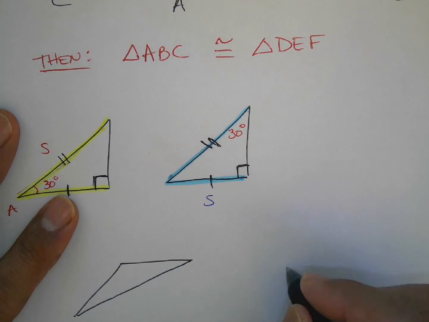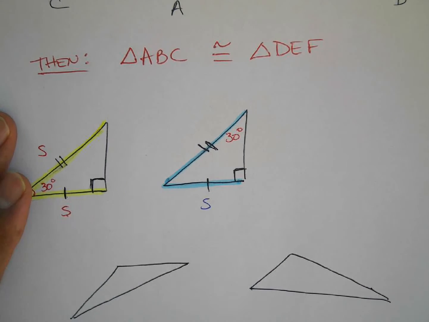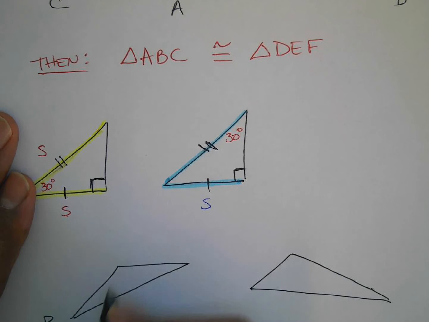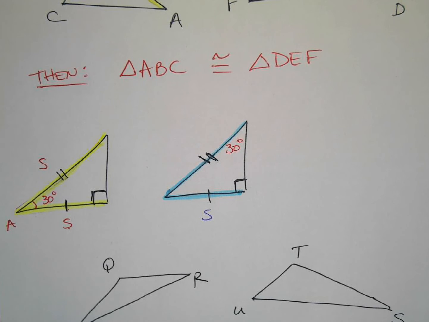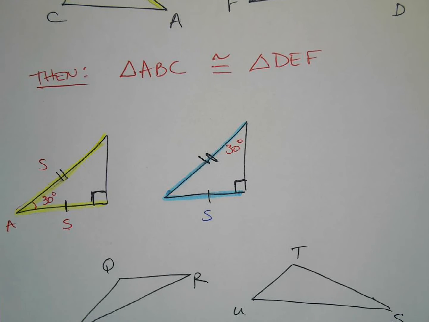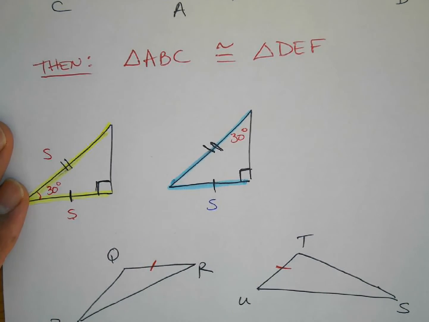Let's say you have one like this, and then you'll have one like this, right? And let's go with P, Q, R. And let's go with S, T, U. Okay. This one's congruent with this one.